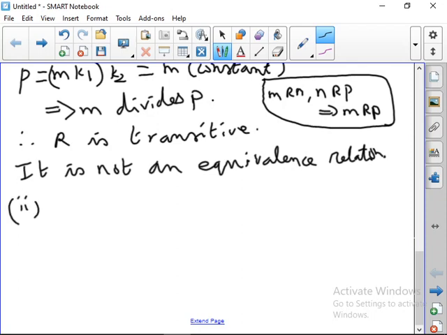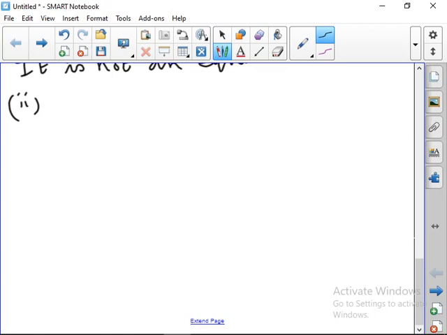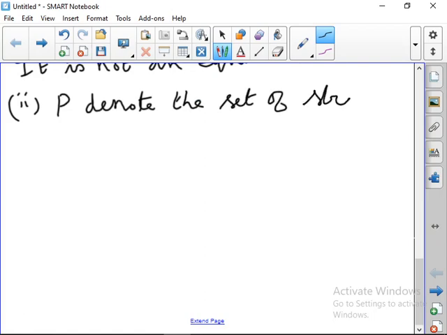Okay, now we'll go to the second subdivision. Second one is: P denotes the set of all straight lines.